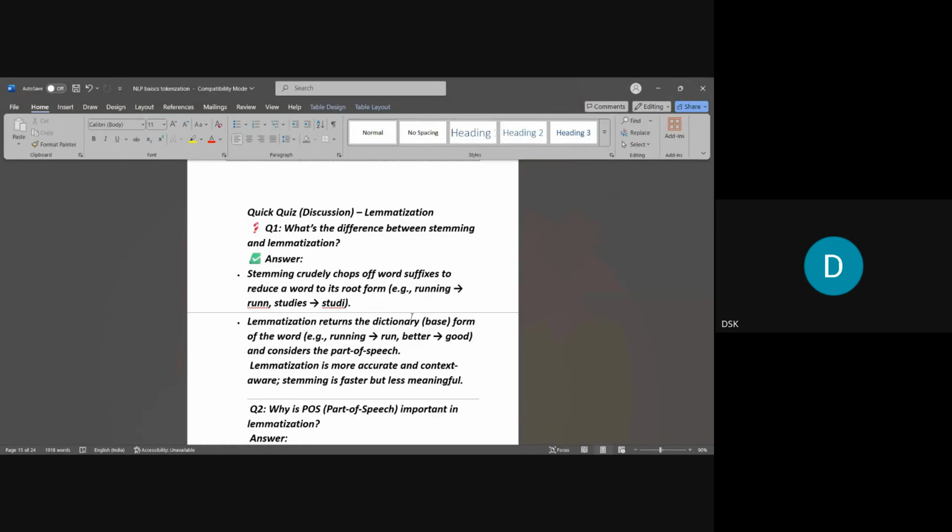For example, running would be run, and better would be good. So it considers the part of speech. Lemmatization is more accurate and context aware, and stemming is faster but less meaningful. It does not provide any meaning, it just chops off the suffixes.